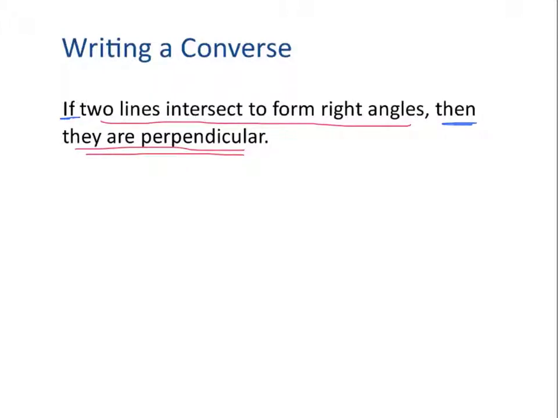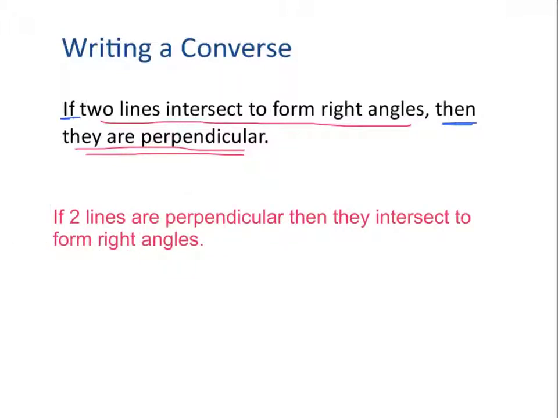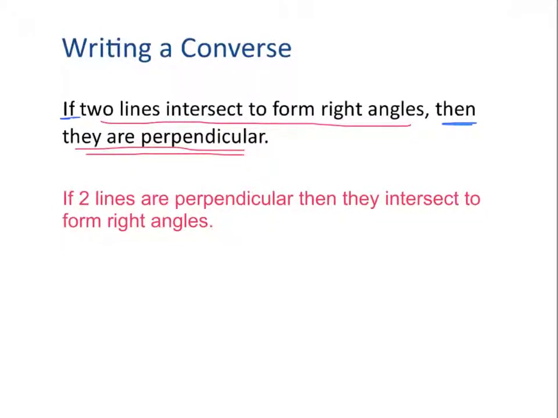So I say that if two lines are perpendicular, then they intersect to form right angles. That is the converse of that conditional statement.